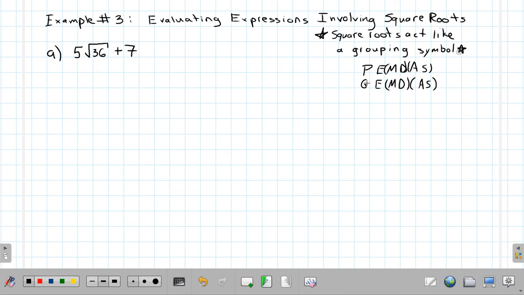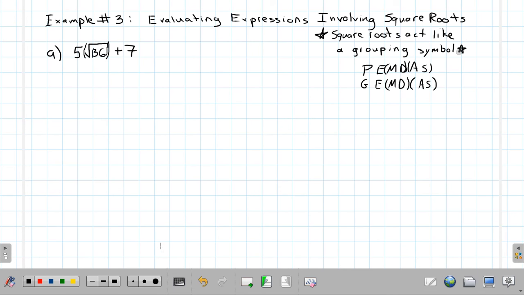Well, in this case, obviously a square root's not a set of parentheses, but it acts as a set of parentheses. So one way you can think about it is whatever's inside the square root, so the square root itself has parentheses around it, and then whatever's on the inside of the square root, it has parentheses around it, okay? And like I said, that'll come more into play when we actually look at part B here, okay?